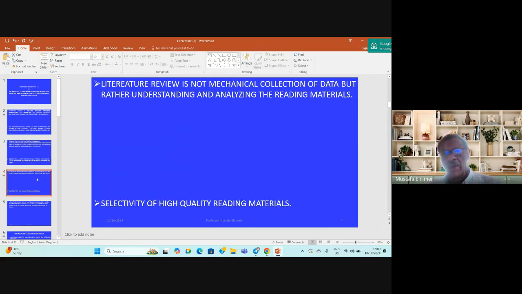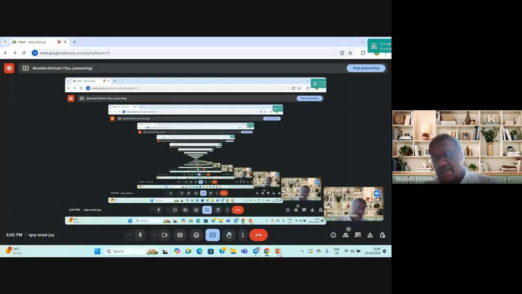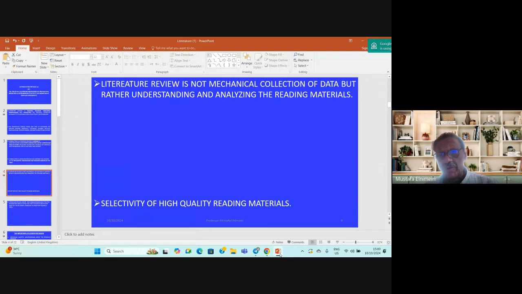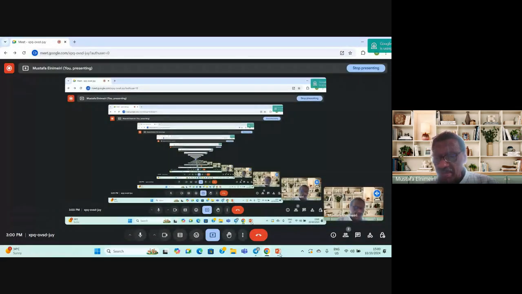The other thing we have to understand is that literature review is not mechanical. For example, if you are using a search engine, it's not simply that you cut and paste the literature. It's not a mechanical collection of the literature, but rather understanding and analyzing the reading materials.